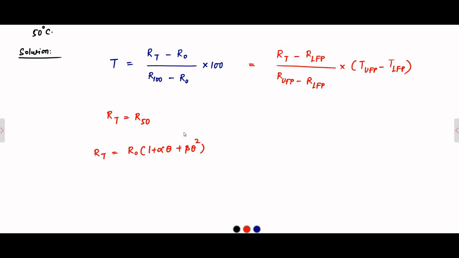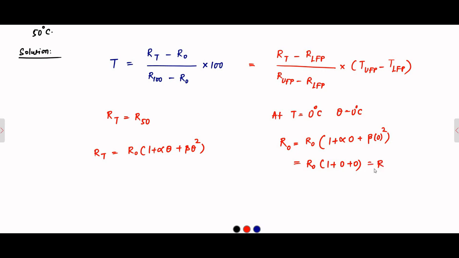Now at theta equal to 0 degrees Celsius, R0 is equal to R0 into 1 plus alpha into 0 plus beta into 0 square, so it is basically R0 into 1 plus 0 plus 0, which is simply R0.